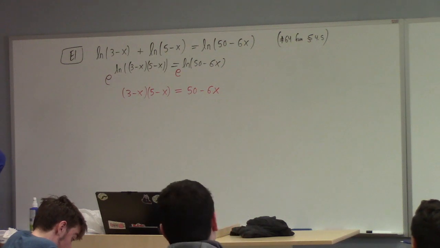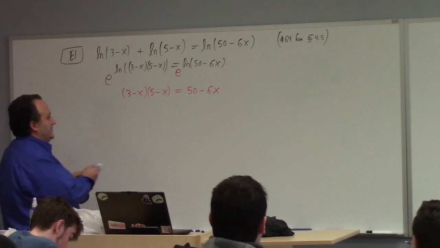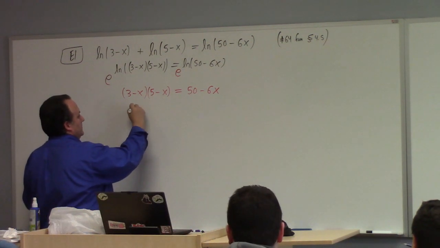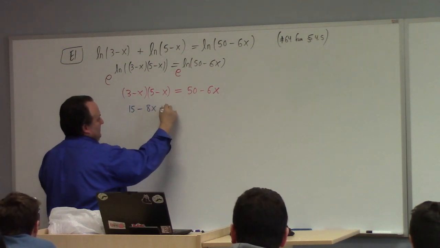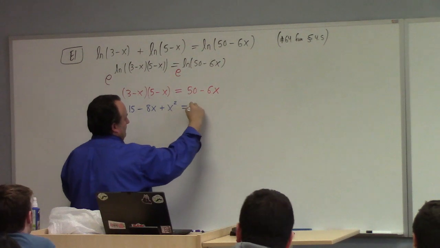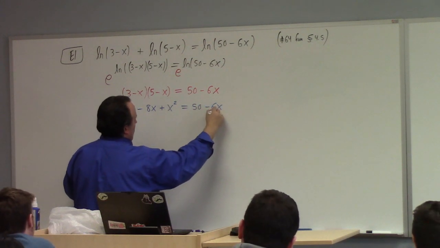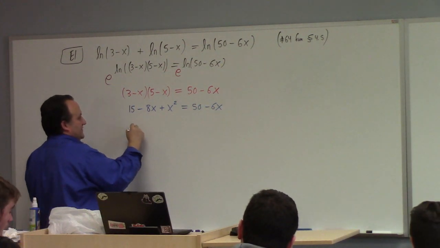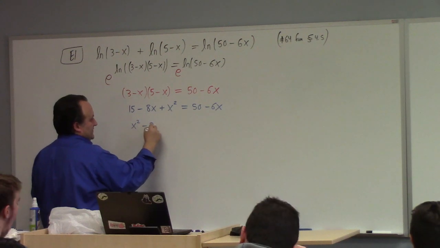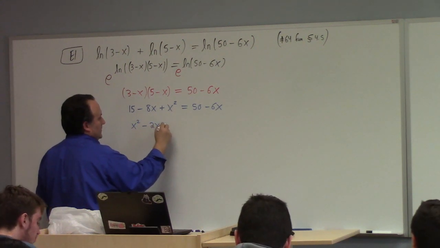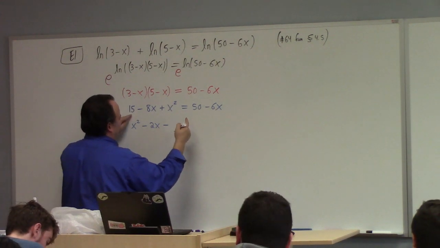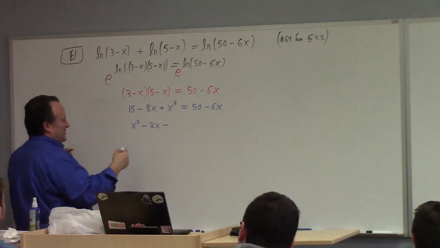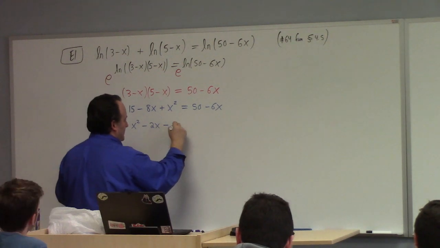This is a quadratic equation, right? So we've got 15 minus 8x plus x squared equals 50 minus 6x. All right, so this gives us x squared minus 2x minus, what's 15 minus 50? It's minus 35, I believe.